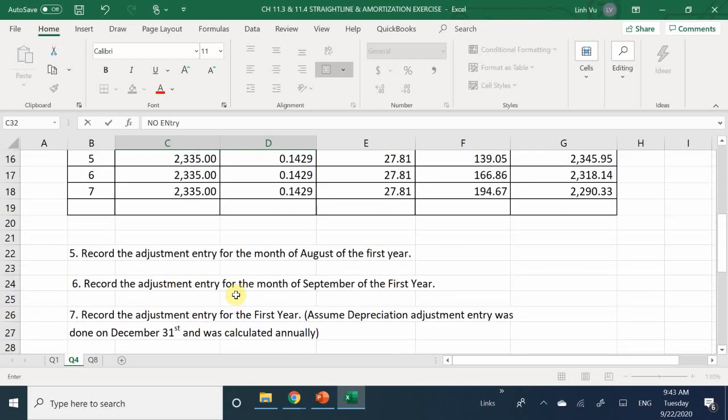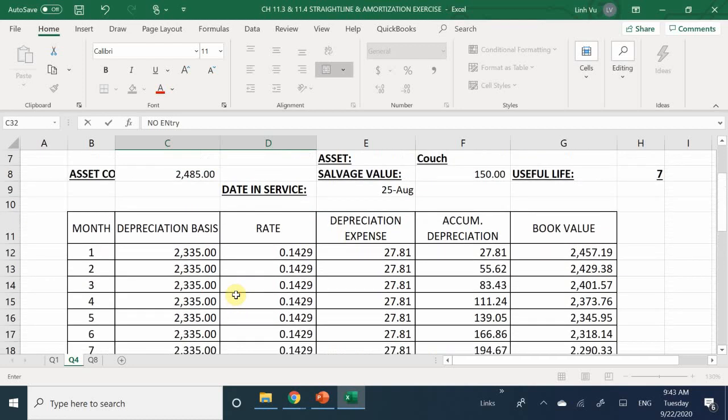Okay, so the question is record the adjustment entry for the month of August of the first year. So I'm saying on the first year in August, when you placed it into service, what happened there? Can we depreciate anything? Is there anything to depreciate? None.